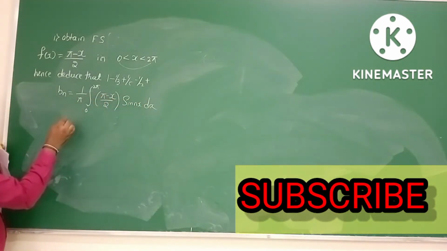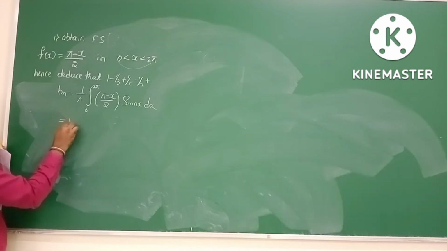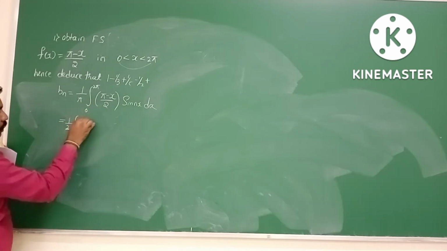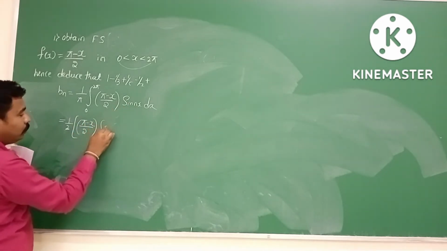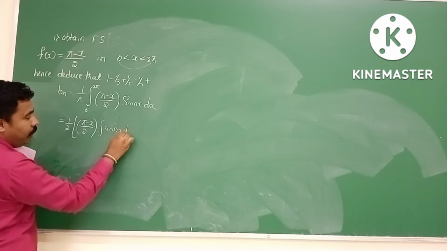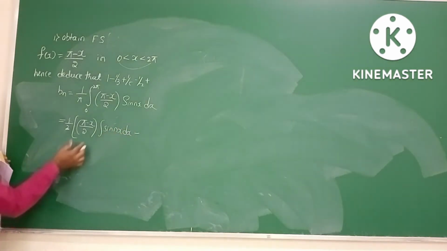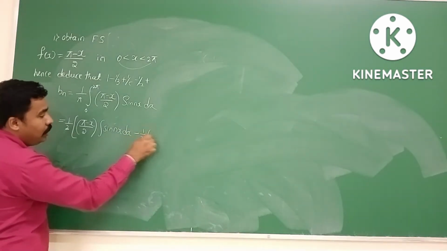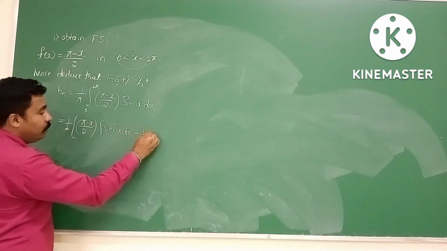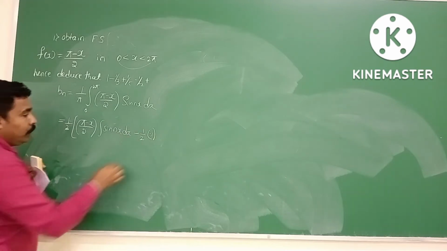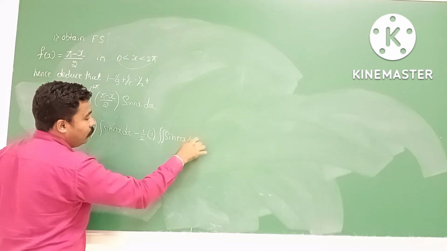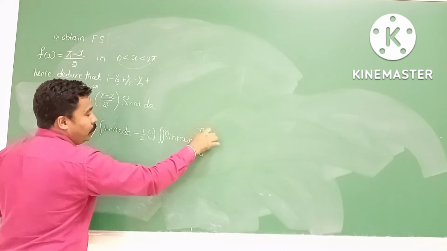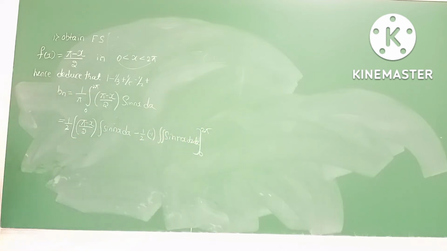So what happens if I integrate this by parts method? 1 by 2 pi, first term as it is, (pi minus x) by 2, integration of sin nx dx, minus differentiation of this. 1 by 2 is constant, I write 1 by 2. Pi differentiation 0, minus x differentiation is what? Minus 1. So double integration of sin nx dx between the limits 0 to 2 pi.